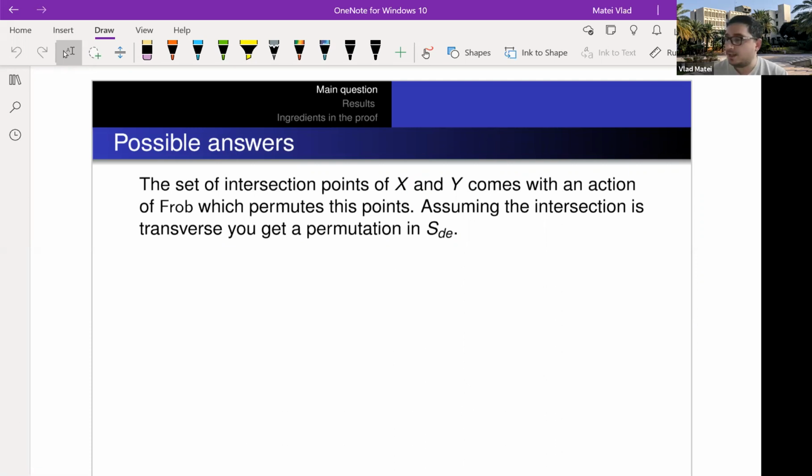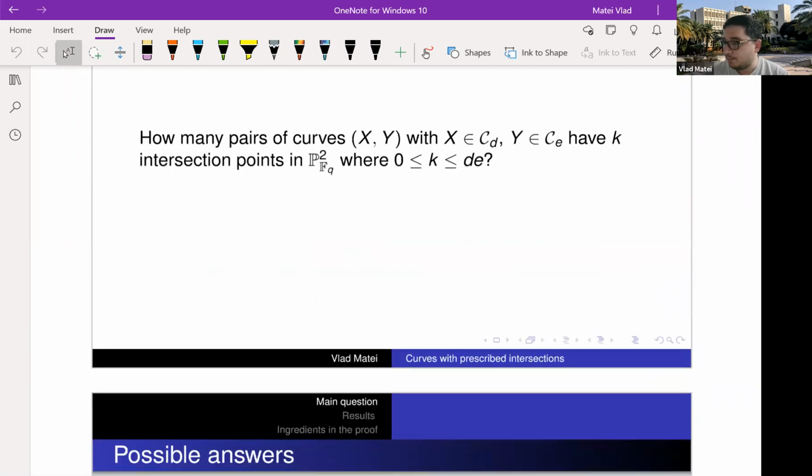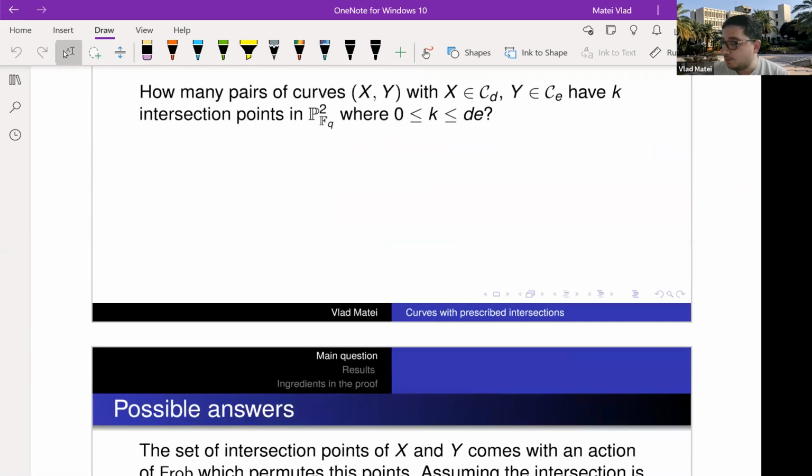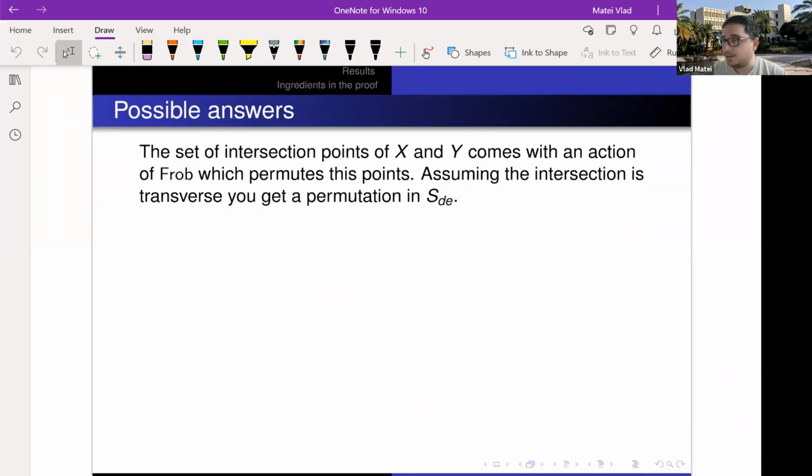So if you want to get K points over the projective space over F_q, then Frobenius has to fix K points. So maybe if everything is like a random permutation, your answer might be: how many permutations have K fixed points inside this S_DE? That's one guess for what the answer should be.